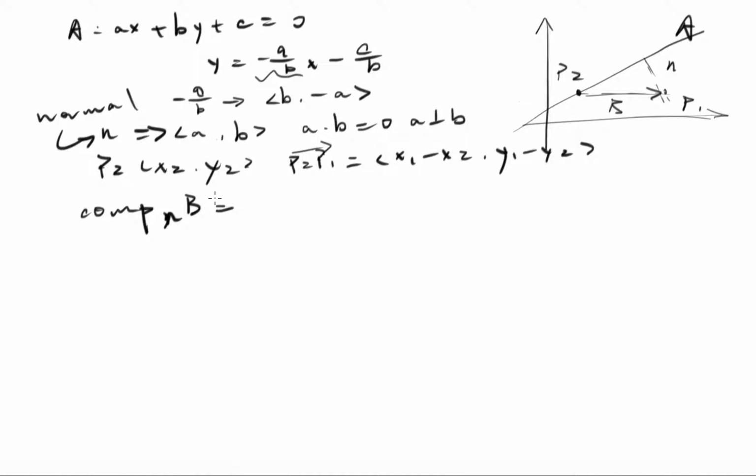This formula basically tells us the length of vector b that projects in the direction of n: n dot b over the length of n. This will be our normal vector.